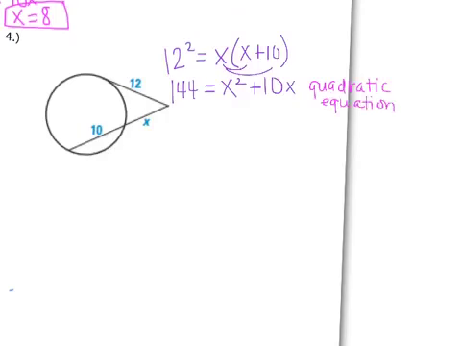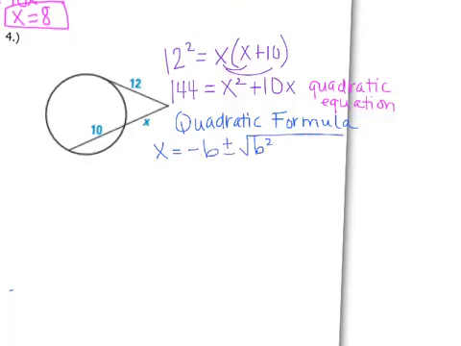There are a variety of ways to solve a quadratic equation, but what we are going to do is use the quadratic formula. The quadratic formula is x equals the opposite of b plus or minus the square root of b squared minus 4ac all over 2a.